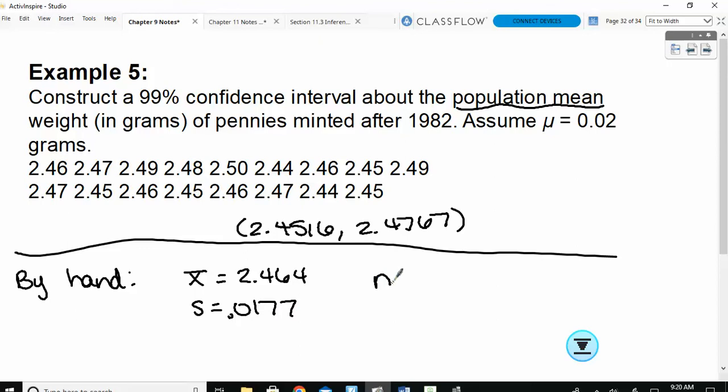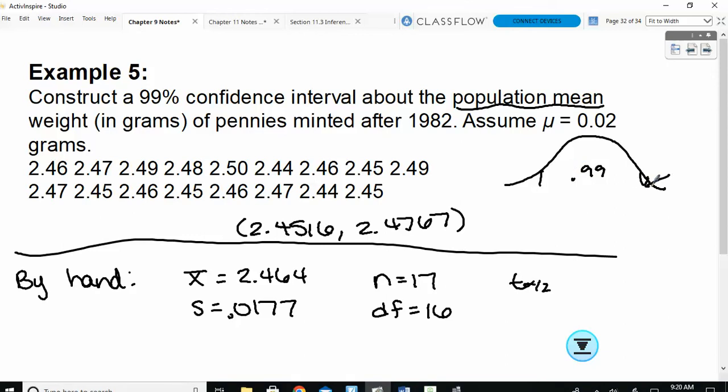My n, how many pennies did we have? 17. So how many degrees of freedom would we use? 16. So the t alpha over 2. If we're talking about 99% confident, we have 99% here in the middle, so that leaves 1% to split up over the two tails.